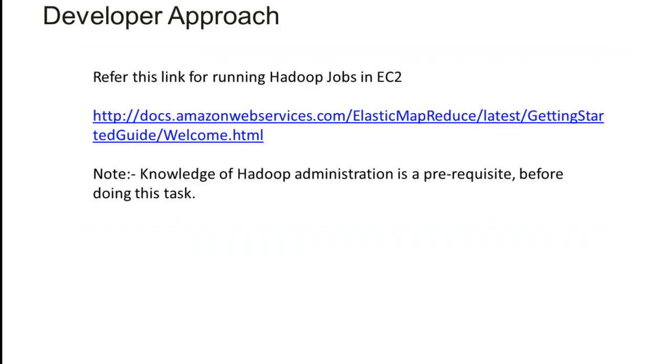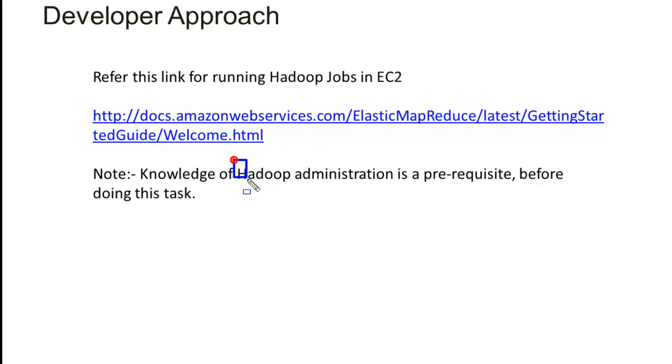Now, as a developer, if you want to use it, the first and most important thing you should be careful about is that you must know in detail about Hadoop itself before you can use the EMR service.